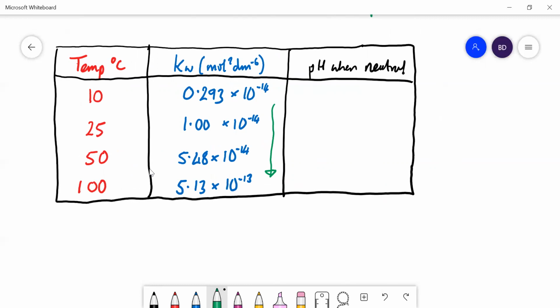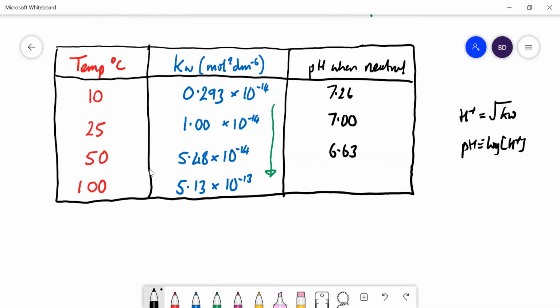Just remember, H+ is the square root of Kw, and pH is minus log H+. So do that, and you will get there. The pH of this one is 7.26. That one, of course, is 7 exactly. This one is going down to 6.63, and this one is 6.14.